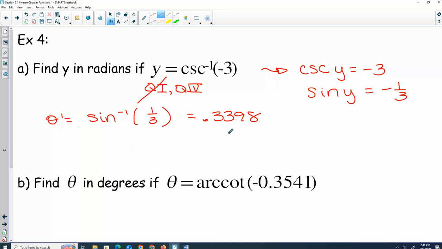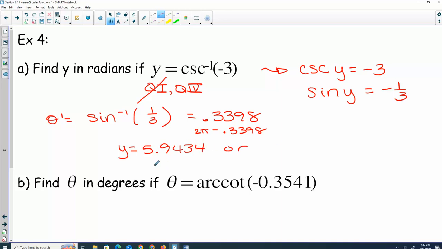Then, what quadrant do I need that to be in? Quadrant 4. So there are two ways we could get this in quadrant 4. We're in radians, so we could do 2 pi minus 0.3398, which is 5.9434.